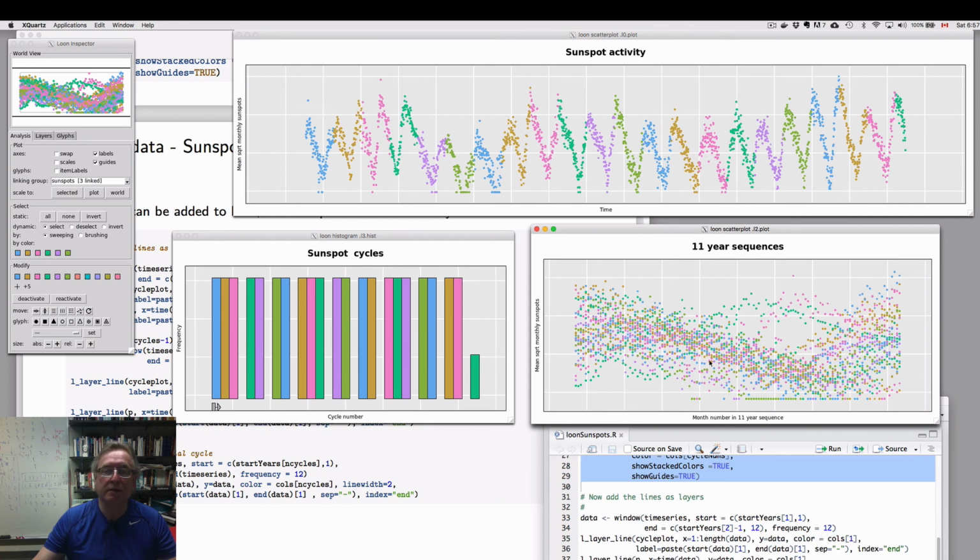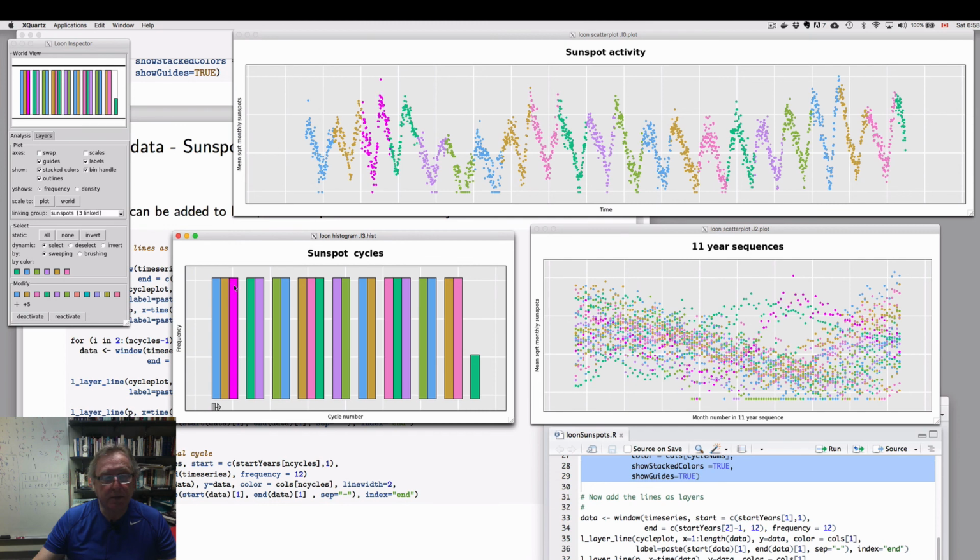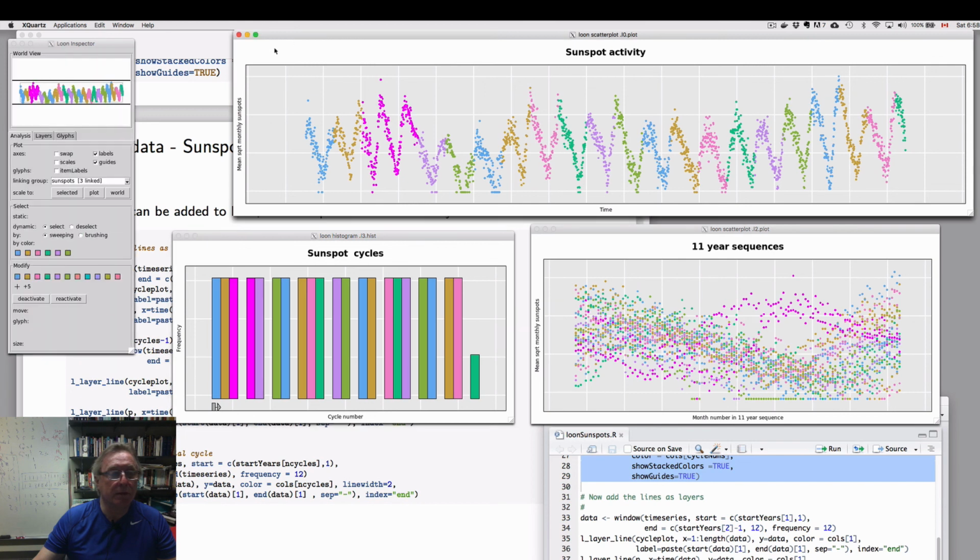No lines connecting it. But I can also see the greens here, these odd ones up here, those two different series, and you can see them over here, those early cycles. So I can select them, the entire cycle here, and this one as well, and maybe make those all a little bit bigger. Click on the scatter plot here and make them bigger.